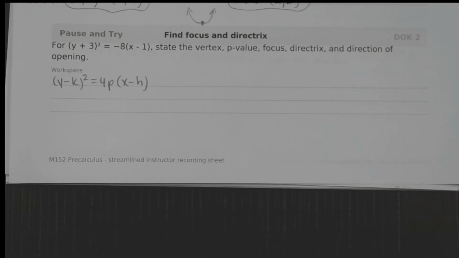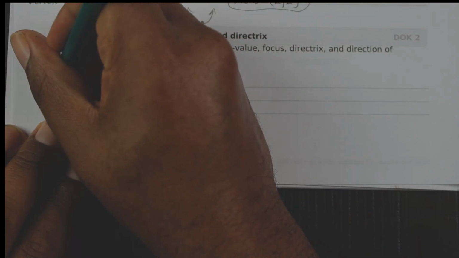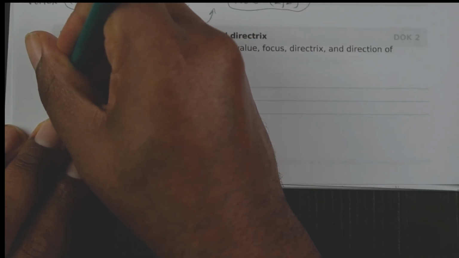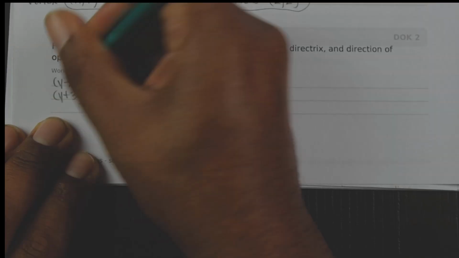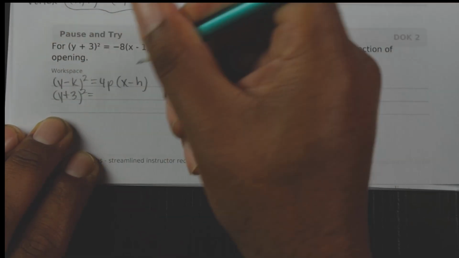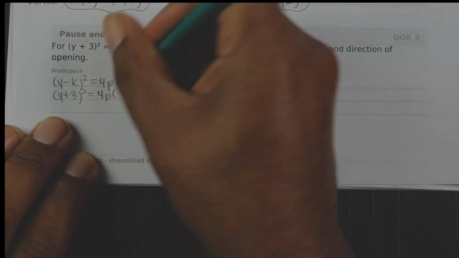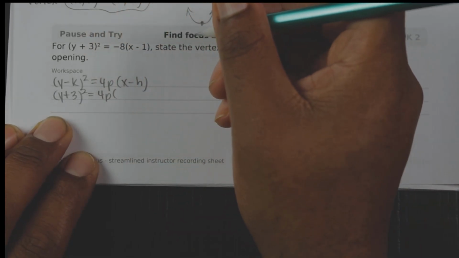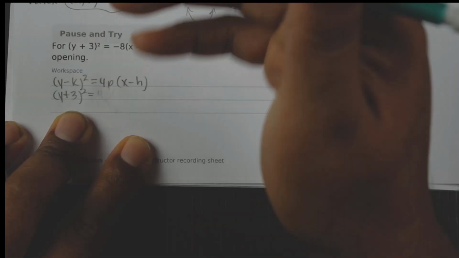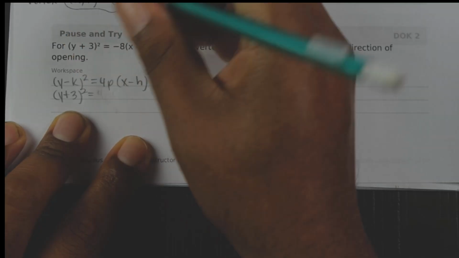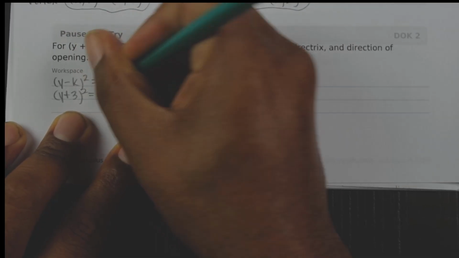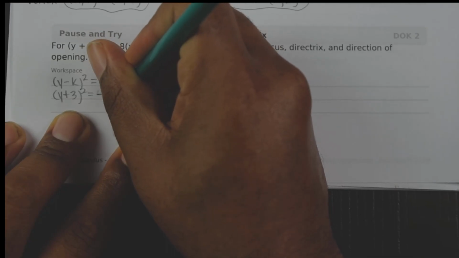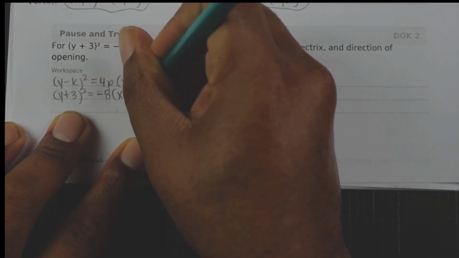All right, so we have y minus k squared equals 4p parentheses x minus h, and then we're going to compare that with what we have. So we have y plus 3 squared equals -8 parentheses x minus 1.